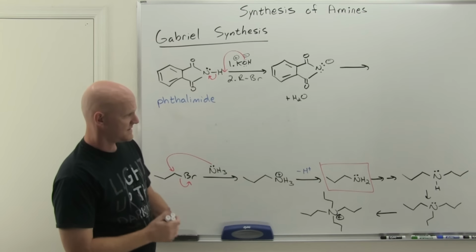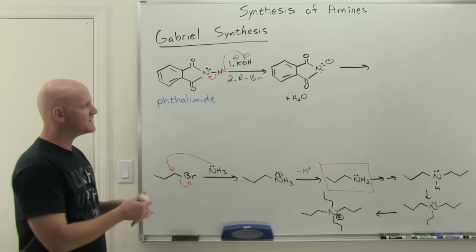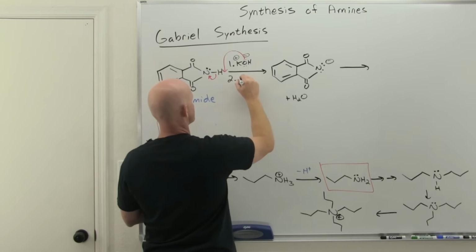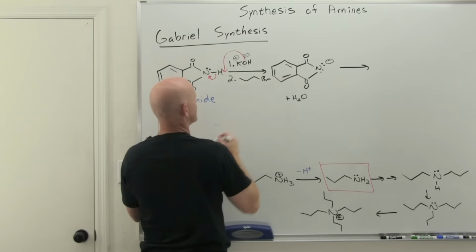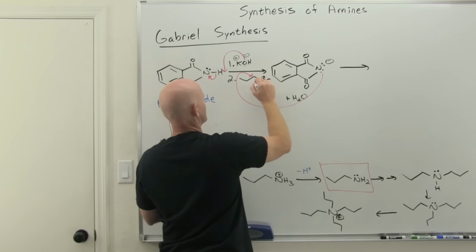And in this case, if this was the amine I was looking for, then this would be the alkyl halide I'd be using. And so in this case, I'm going to go back in and throw in our 3-carbon alkyl halide, and this guy's going to come around and do backside attack.